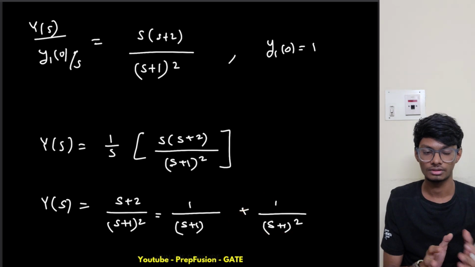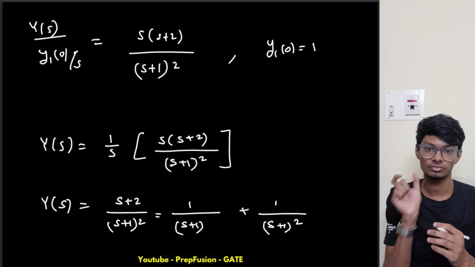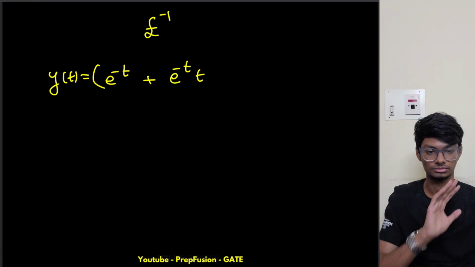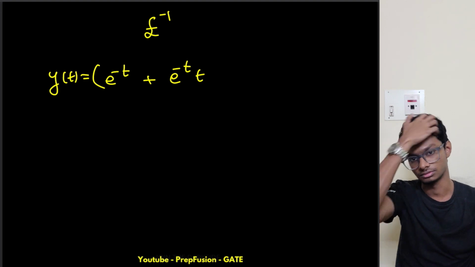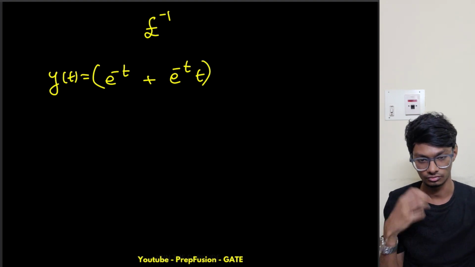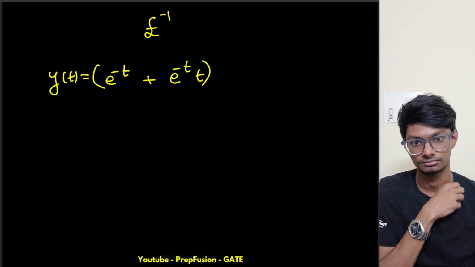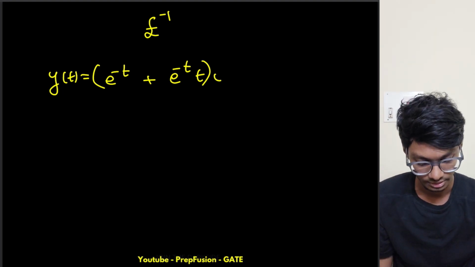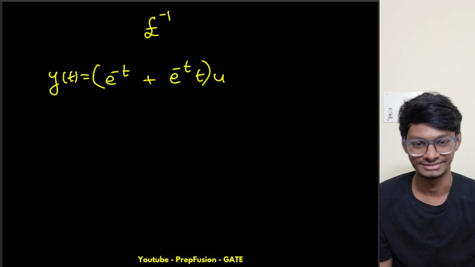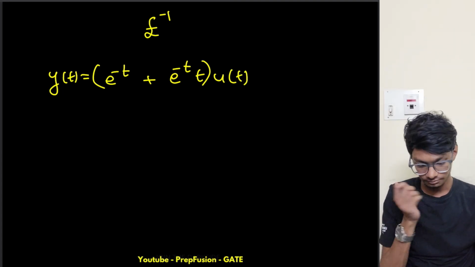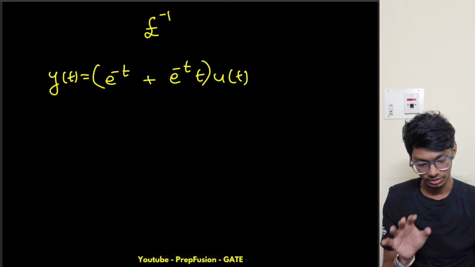So we get e raised to power minus t into t. I hope you are totally fast with this, that you don't have any issue understanding this. This should be on the tip of your tongue. So this is u of t. So this is our output response.